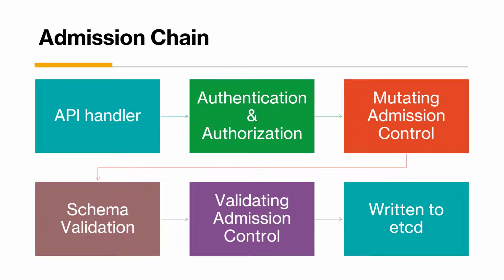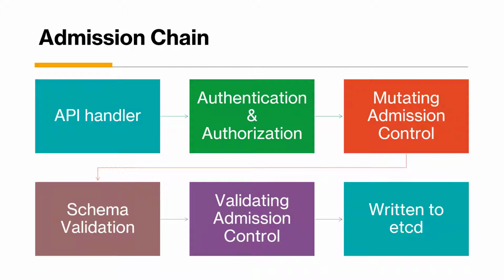So when you're thinking about admission control, you also have to know about the admission chain. When a request is coming into the API handler, it is first authenticated and authorized, and then the mutating admission controllers kick in. Now, Kyverno can also do mutation. There's already a big difference with Gatekeeper, which cannot do mutation. And we'll see an example of mutation, mutating an incoming request, later.